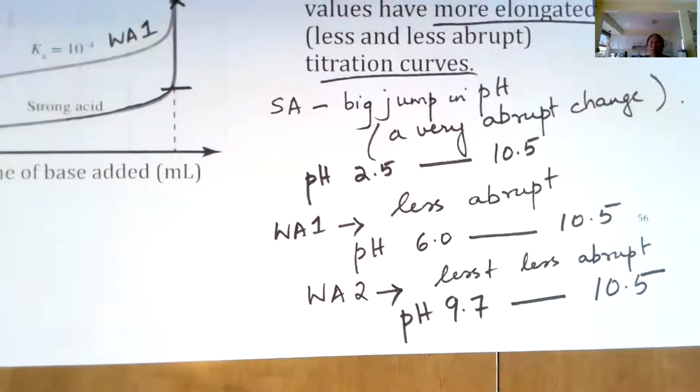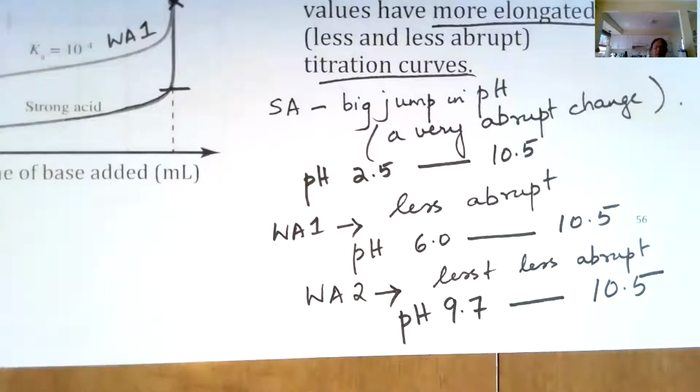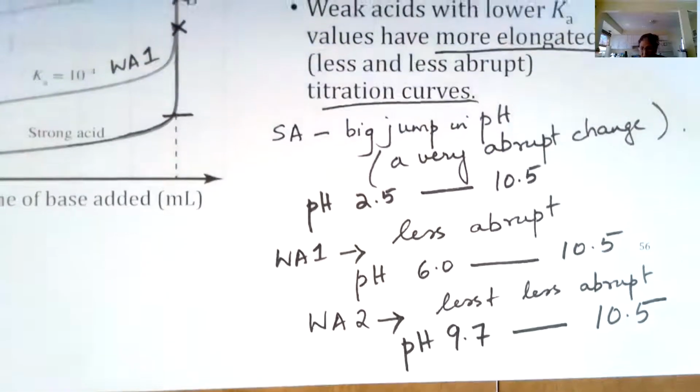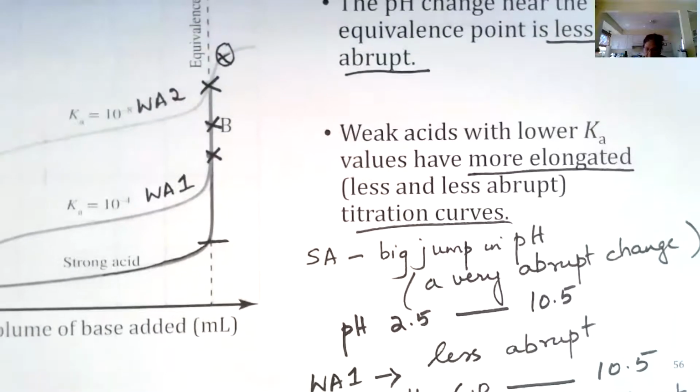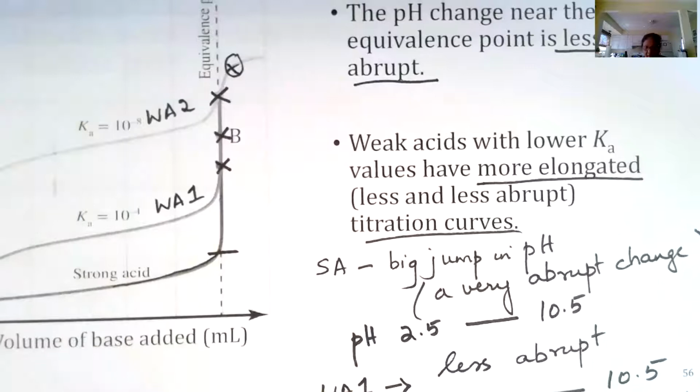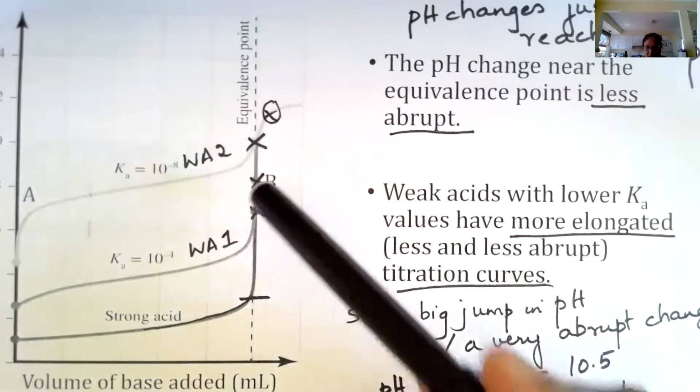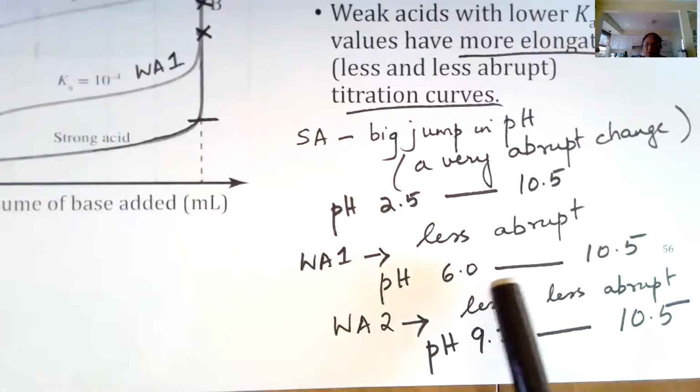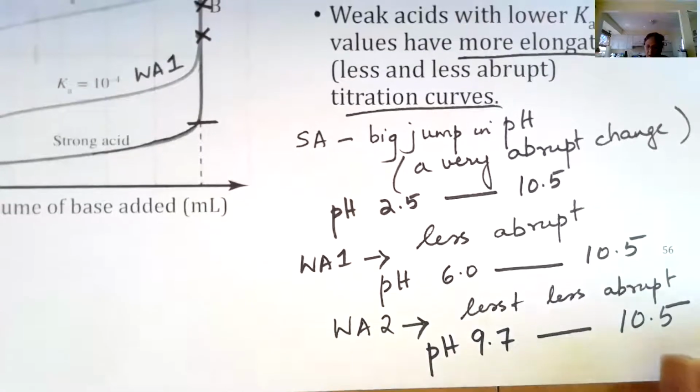You see, for weak acid 2, there's no jump really. It just crawls from 9.7 to 10.5. So that's another difference. When asked, you should be able to point out these differences. So a big jump for a strong acid, and as the acid gets weaker and weaker, the jumps get smaller and smaller.